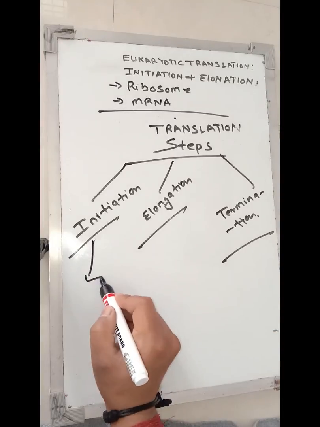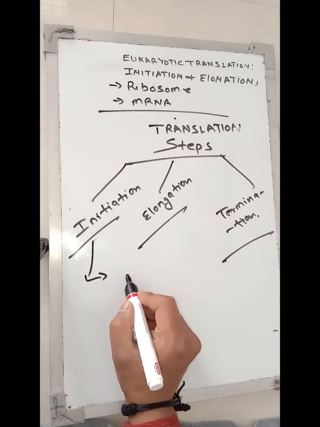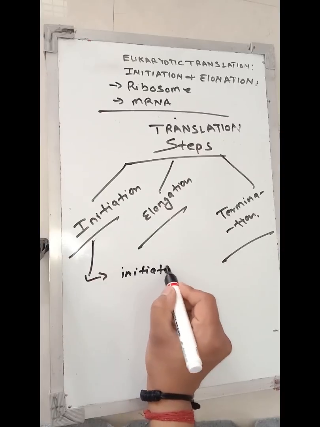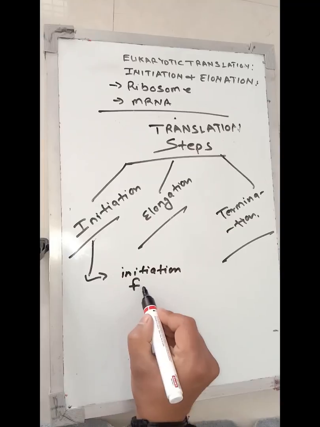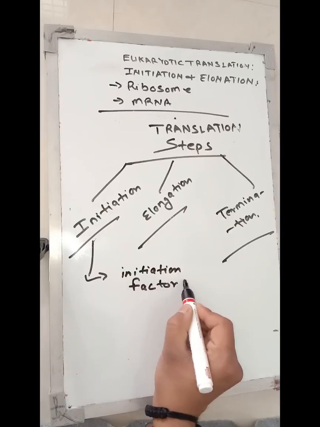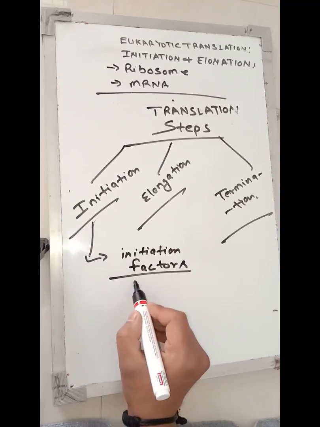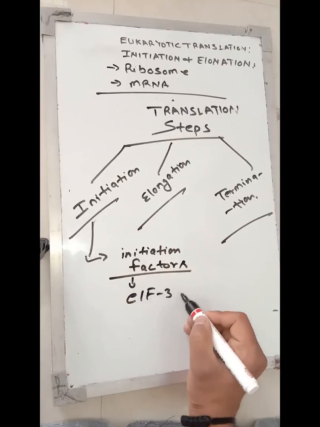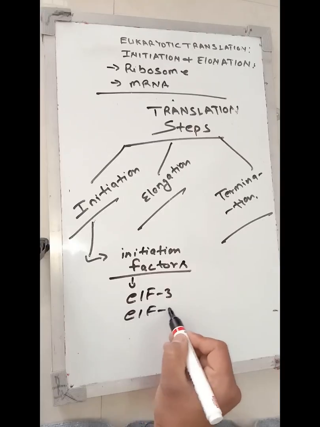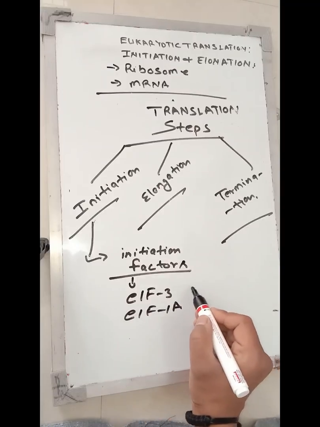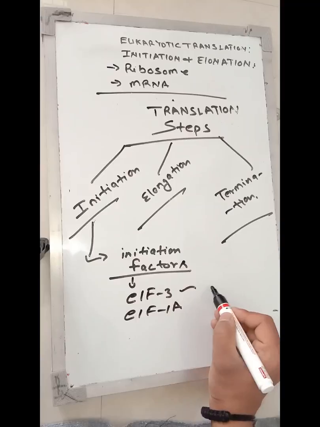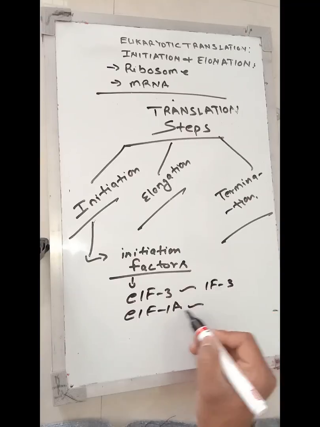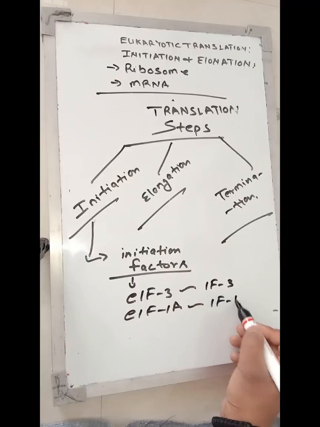In initiation, some factors are involved that we call initiation factors. In case of eukaryotes, they are EIF3 and EIF1A. This EIF3 is analogous to the prokaryotic IF3, and EIF1A is analogous to IF1.